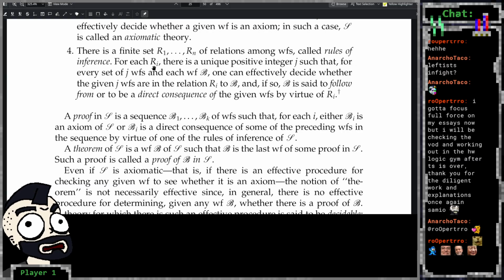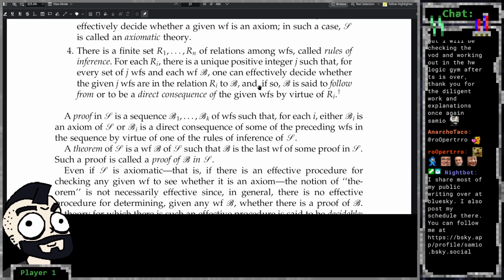For each rule of inference, there is a unique positive integer, j, an arbitrary variable, such that for every set of j well-formed formulas and for each well-formed formula beta, one can effectively decide whether the given j well-formed formulas are in relation to beta, and if so, beta is said to follow from or to be a direct consequence of the given well-formed formulas by virtue of R.